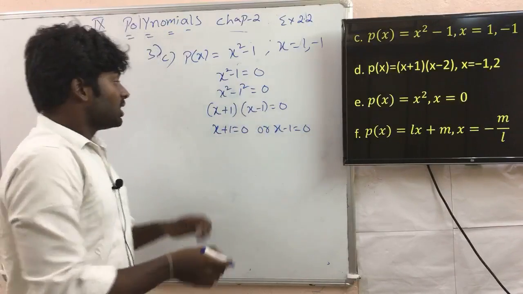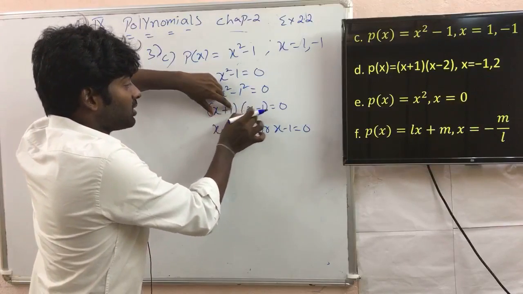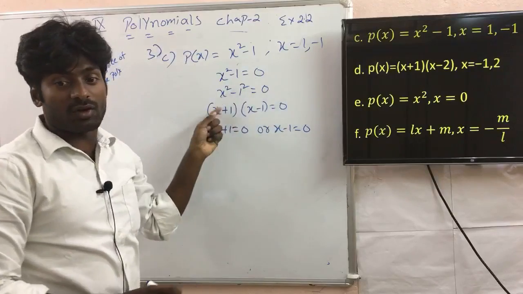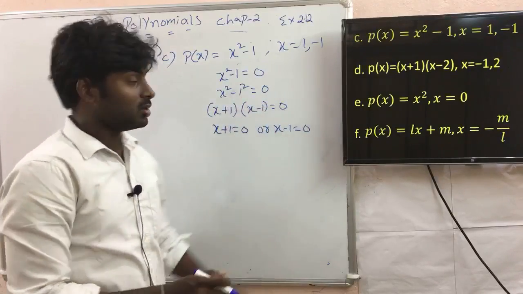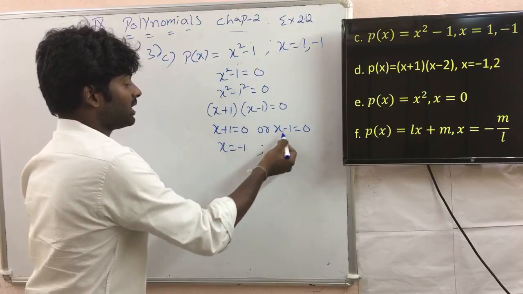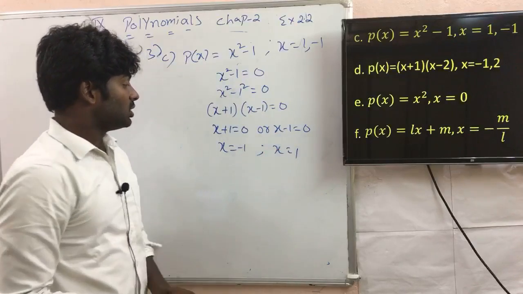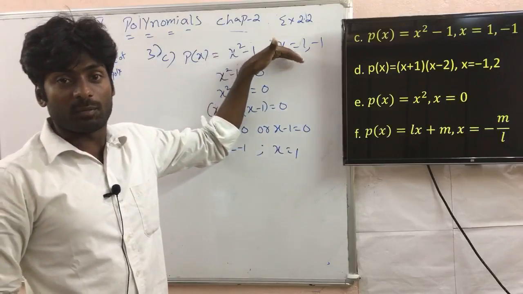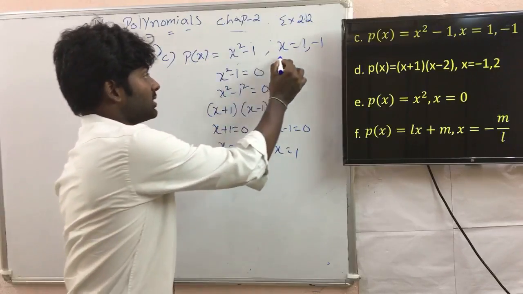If this term becomes 0, 0 into something is 0. If this term becomes 0, 0 into something is 0. Either one of the terms must be equal to 0. So here x equals to minus 1, and here x equals to plus 1. So plus 1 and minus 1 are the zeros of the given polynomial. Already he has given the correct thing.